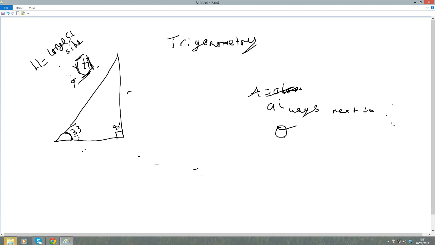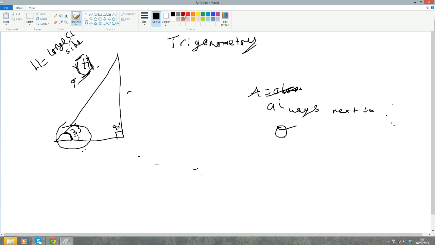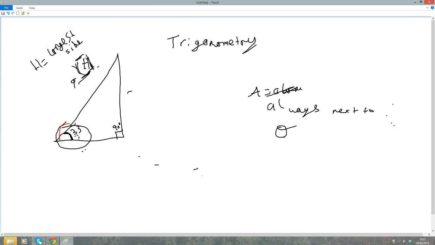Now, for those of you who don't know, the angle that is given is always named theta. So if you want to work out A, we first locate theta, which is over here. Just get another colour so it's easy for you to see. So theta's over here, and then we know that's theta, and then A is here because it's next to it.